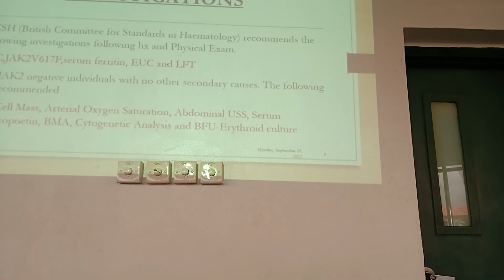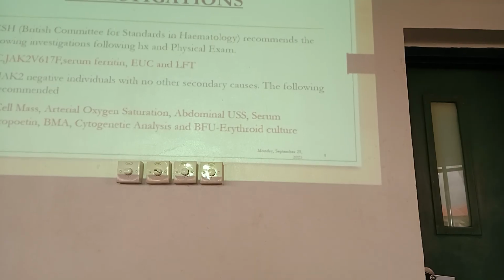Okay, now that we can do JAK2, even in Lagos, we can do JAK2. You just send to lab and they do it for you. So we do JAK2 routinely for those that are in that age bracket. That's 50 years and above.